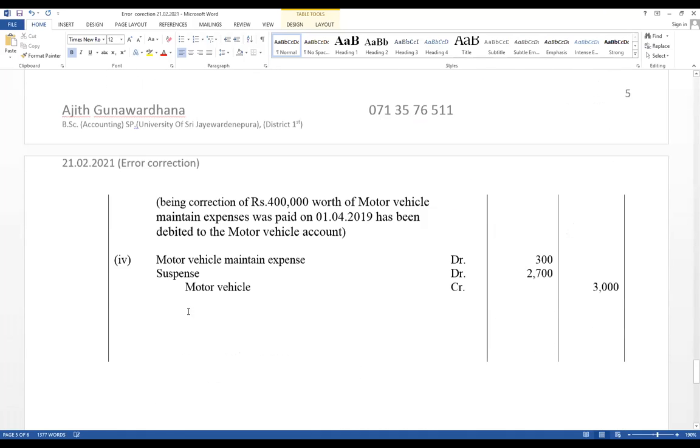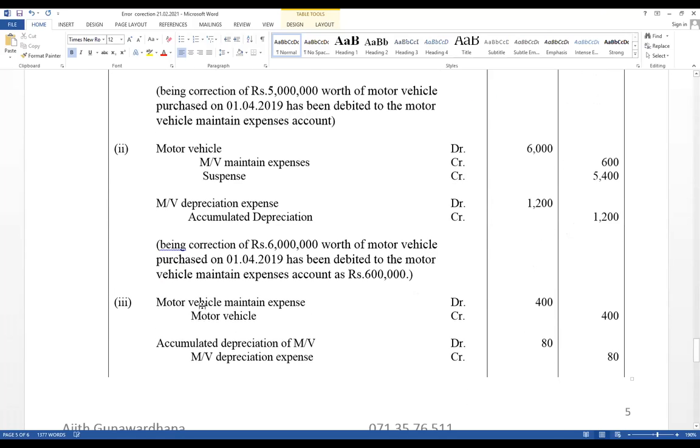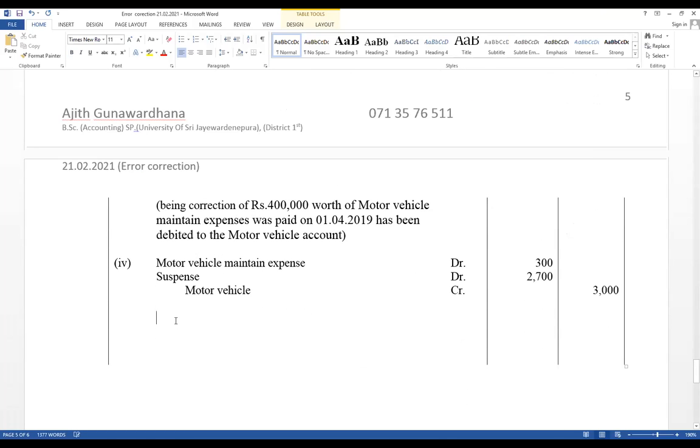Value equal 600. Therefore, accumulated depreciation account debit, value equal 600, and motor vehicle depreciation expense account credit.